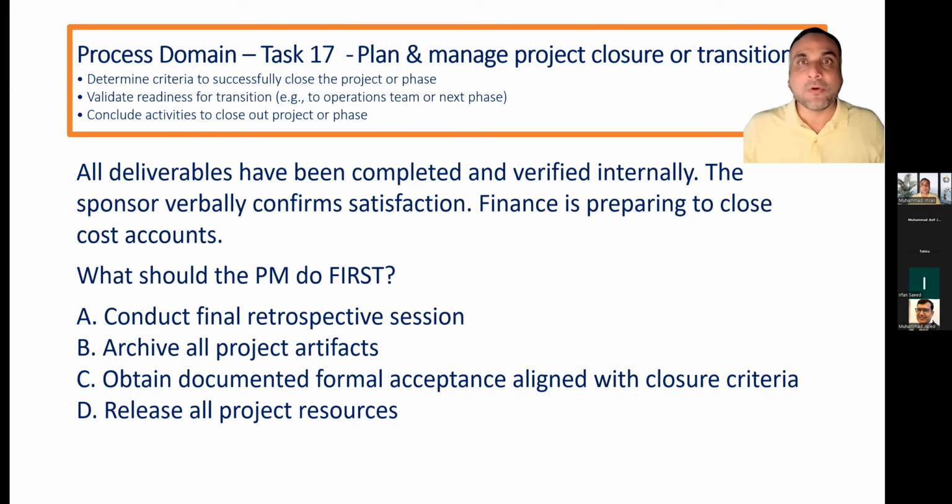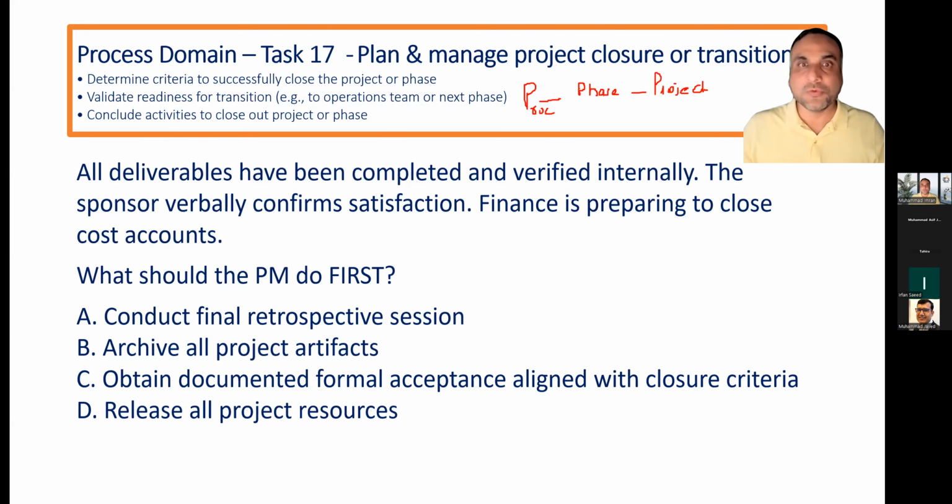At the same time, when all the acceptances are received, you will start working with the required stakeholders along with the sponsors to transition the deliverable from project to operations. So first procurement, then phase, and then project closure.